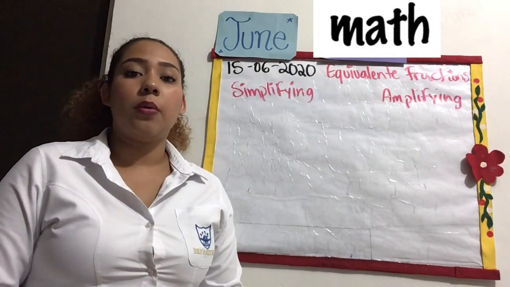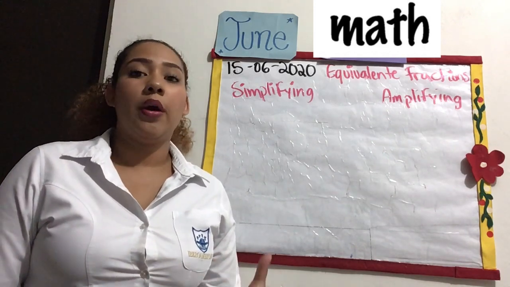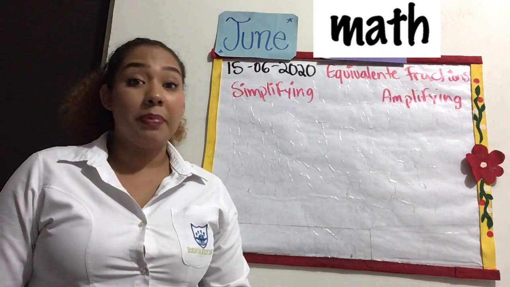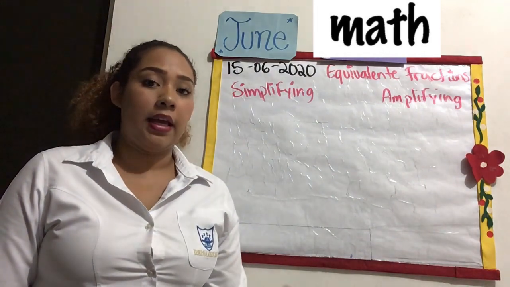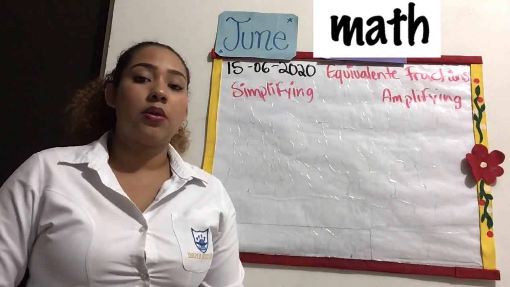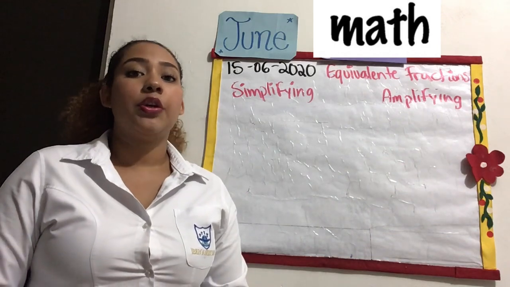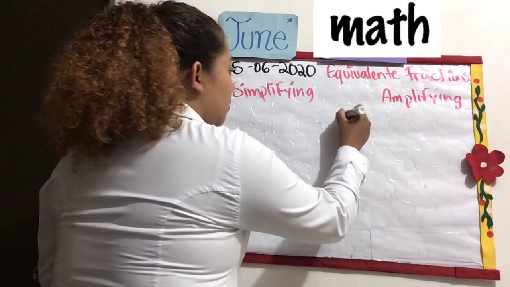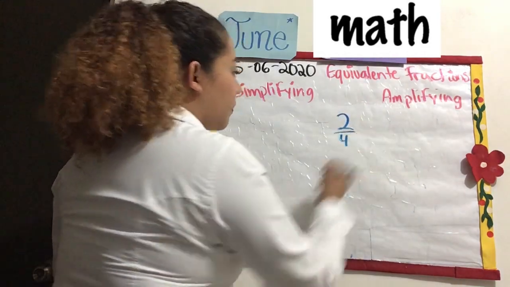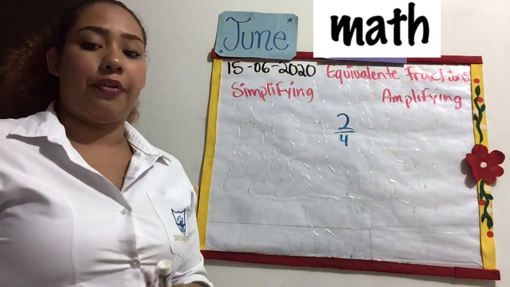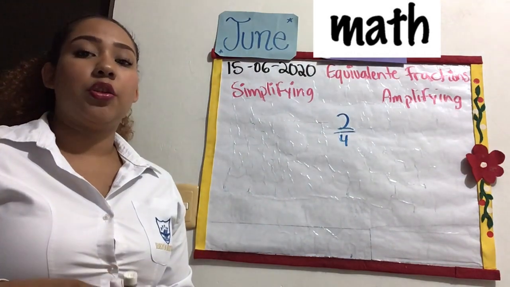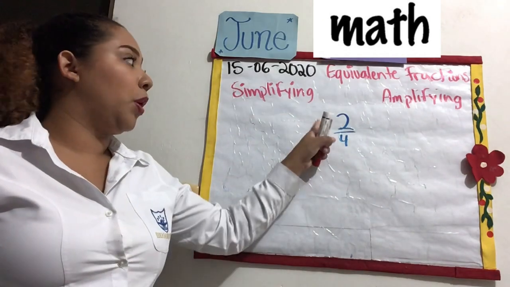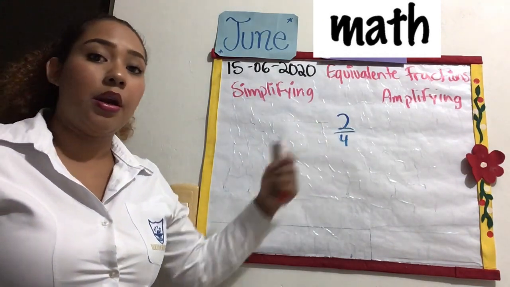Okay, now I will show you a brief example of how you can find equivalent fractions either by simplifying or amplifying. That is the purpose of this topic. So imagine you have this fraction 2/4. Two-fourths is your fraction. We're going to amplify it by the same number, both numerator and denominator. Which number?